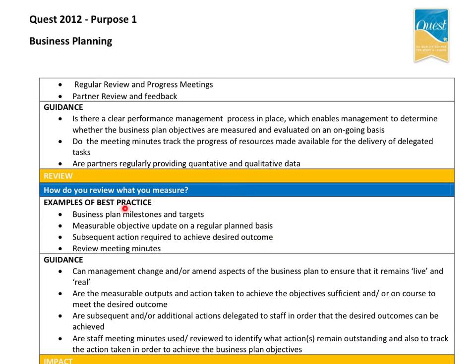values. The key Quest document to help you think about how you would conduct the analysis is the Quest Purpose 1 business planning document. You won't be able to use all the sections, but there will be key questions and key areas to consider. Use the guidance, use the examples of best practice.